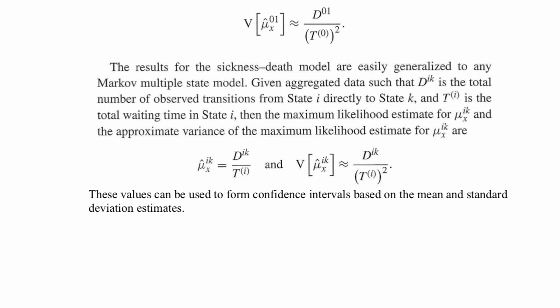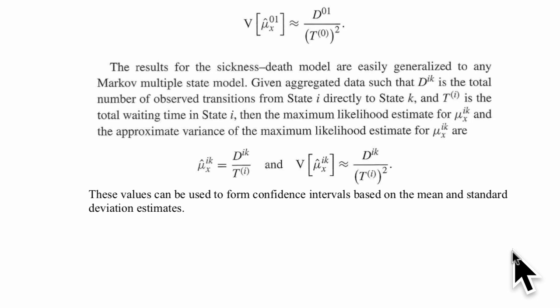Okay? We estimate the variance because we're calculating the variance of an estimate. The estimate itself is a random variable, and this is the approximation of its variance. Note that this doesn't say equals, it's an approximation of the variance. These values can be used to form confidence intervals based on the mean and standard deviation estimates.